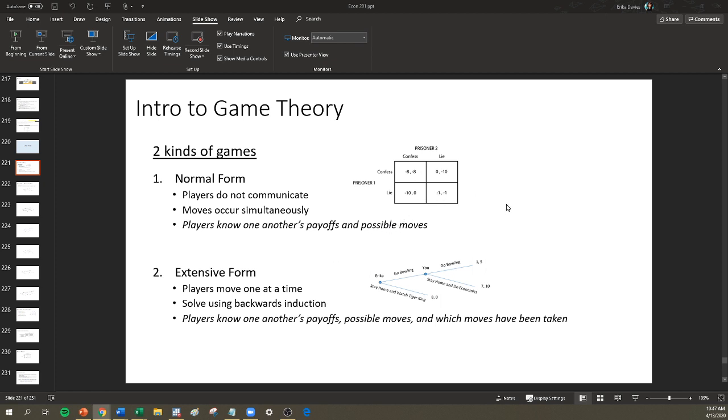An extensive form game, which is the kind of game that we're going to start with because I think it's easier to solve than the normal form. So we're going to start with extensive. The extensive form game is in this setup. We call it a game tree. See how this one below looks sort of like a tree? In this type of game, players are moving one at a time.